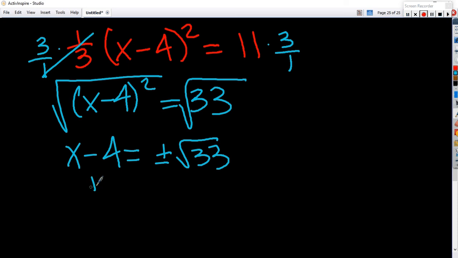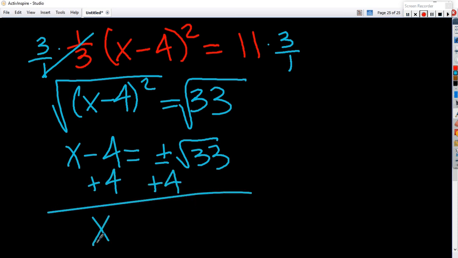Add 4. Can you add 4 to the square root of 33? No. If you can't do it, write it. 4 plus or minus the square root of 33. That looks just fine, it's done. You added it.